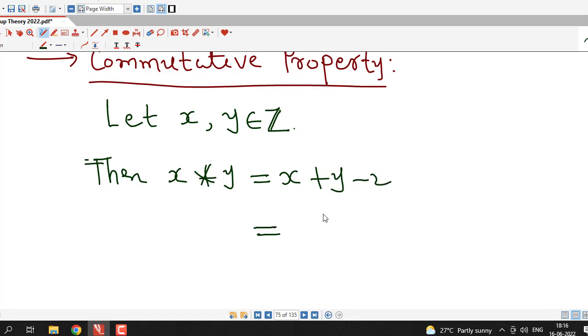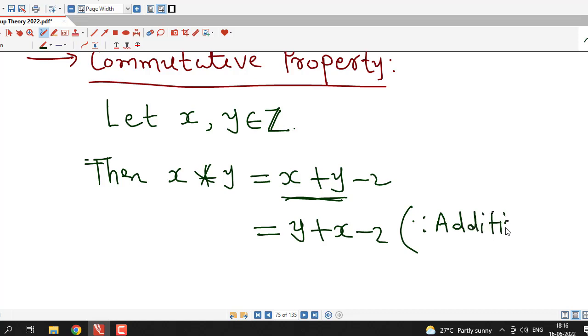Now we know that addition is a commutative binary operation, therefore we can write x plus y equal to y plus x. Here we are using the fact that standard addition on the set of integers is commutative.